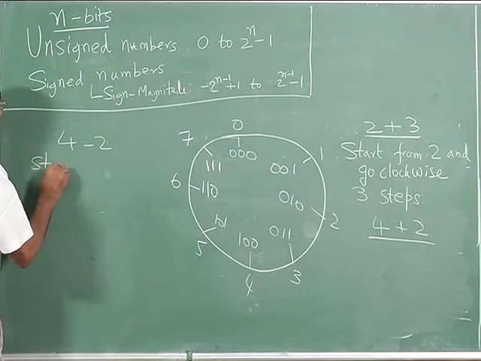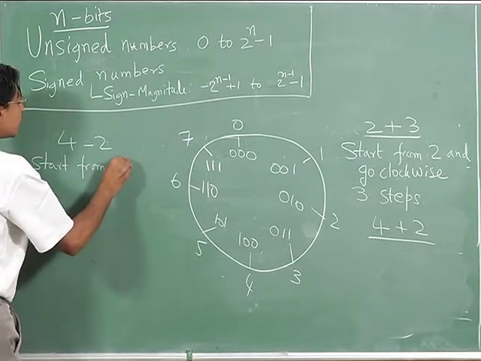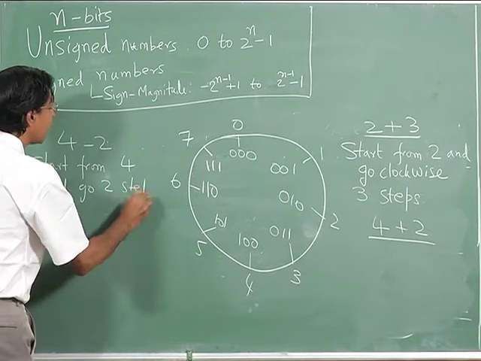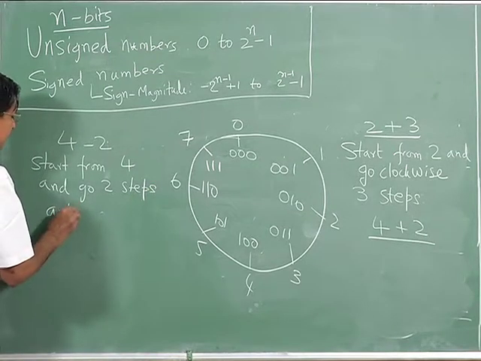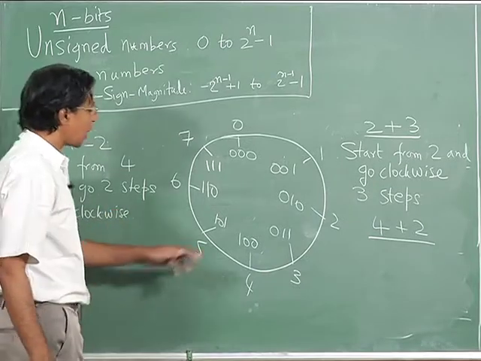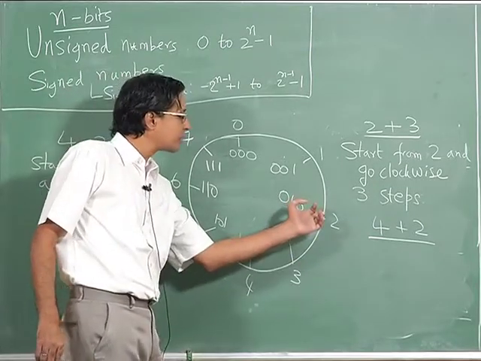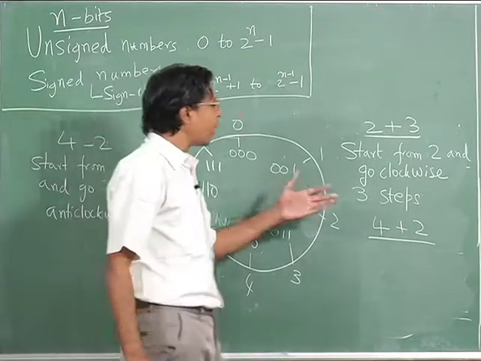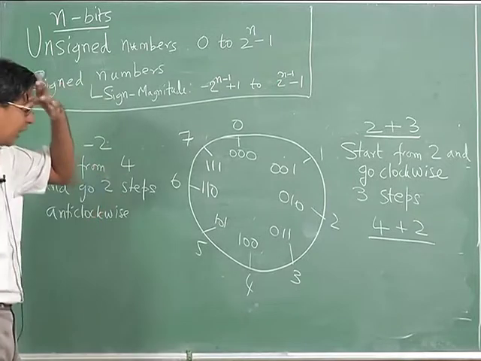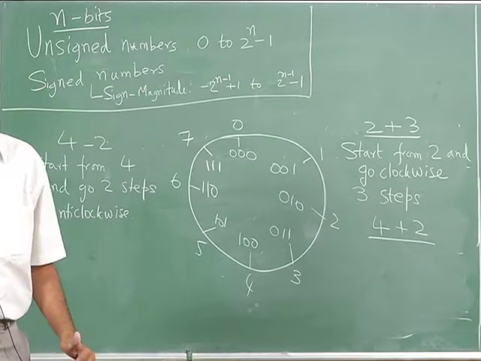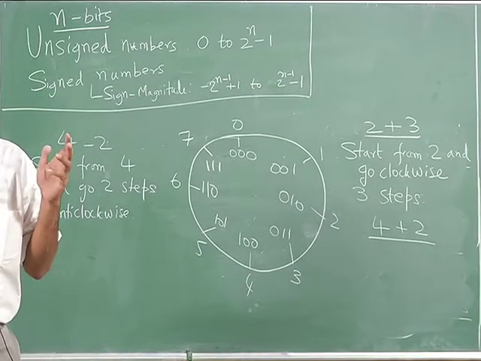Start from 4 and go 2 steps anti-clockwise, and I go back to 2. At this point, just understand this arithmetic: addition is a clockwise operation while subtraction is an anti-clockwise operation.